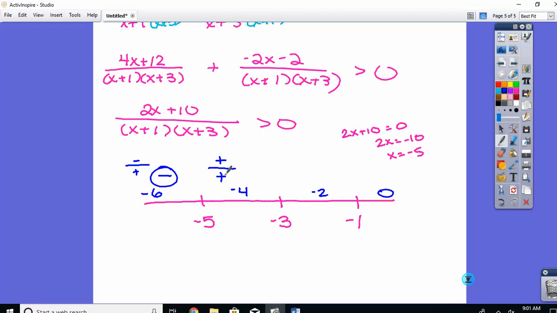Positive divided by positive is positive. Make sure we're getting this down. If I put in negative 2, negative 4 plus 10 is positive. Okay, negative 2 plus 1 is negative 1 times 1 is negative. Positive over negative, negative. 0. So 10 over 1 times 3, so positive over a positive.